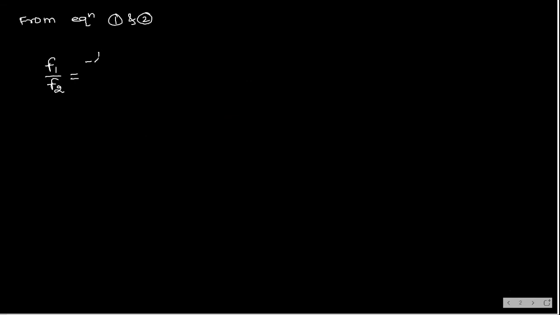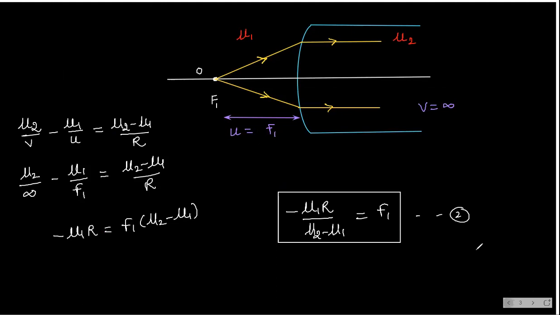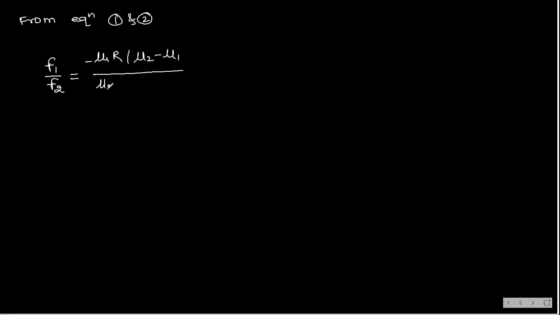Minus mu1 R divided by mu2 minus mu1. And F2 value, what we have here? Mu2 R divided by mu2 minus mu1.